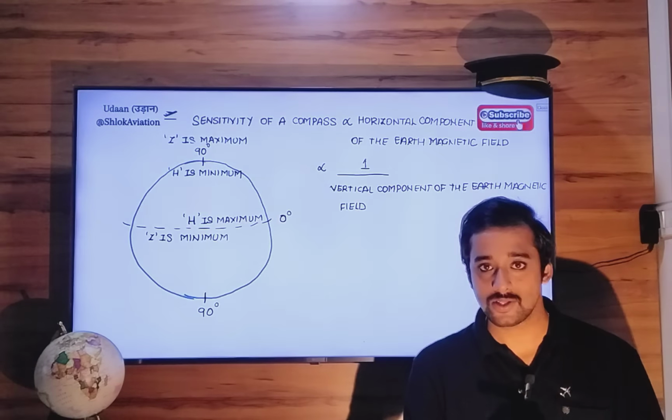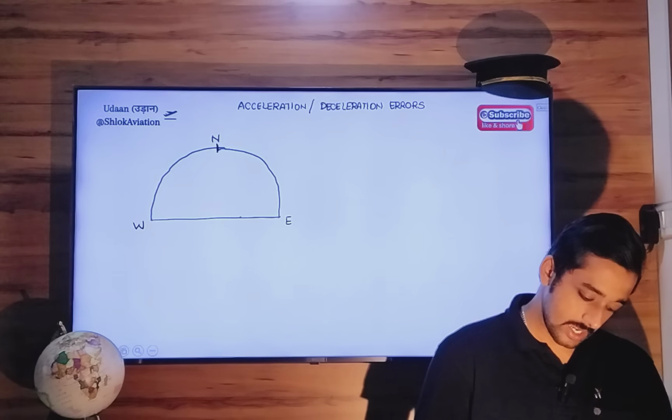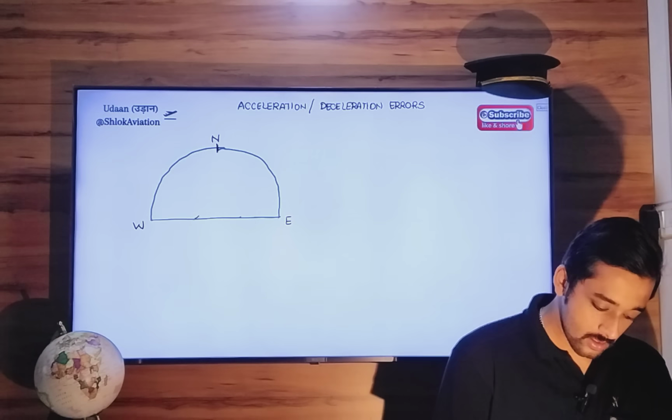Here they have given us the northern hemisphere to consider. So let's consider that part of the earth, the northern hemisphere. This is the north direction, this is the west direction, this is the east direction. You're flying on a westerly heading like this.